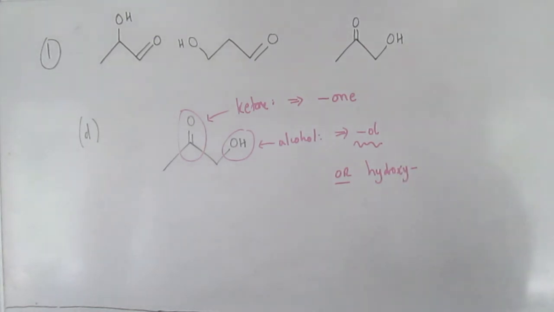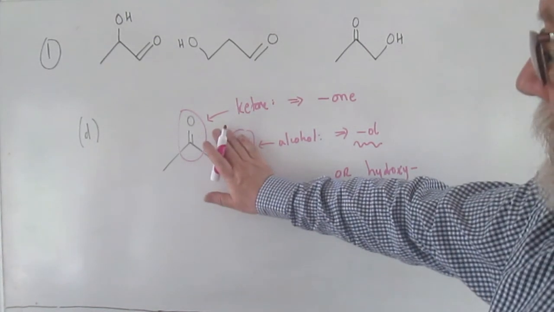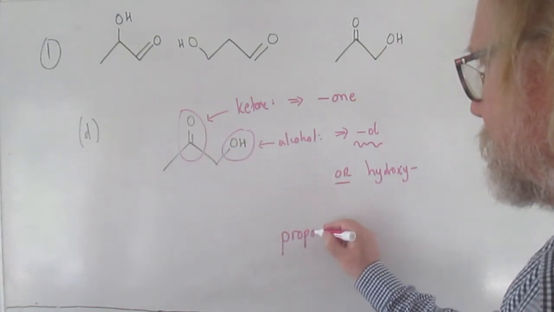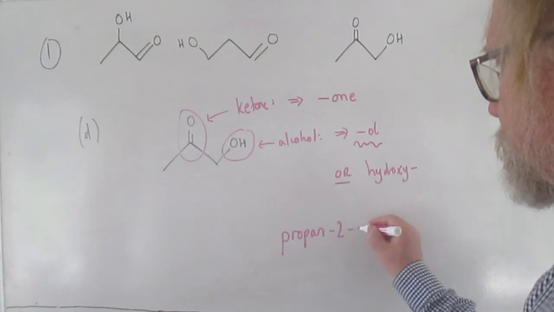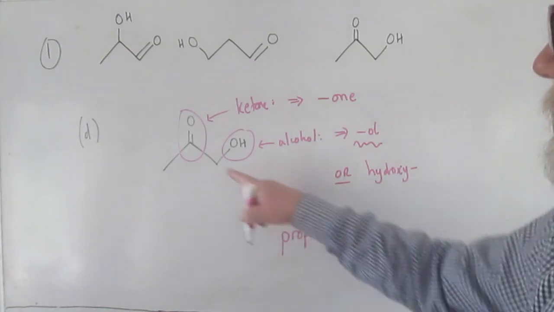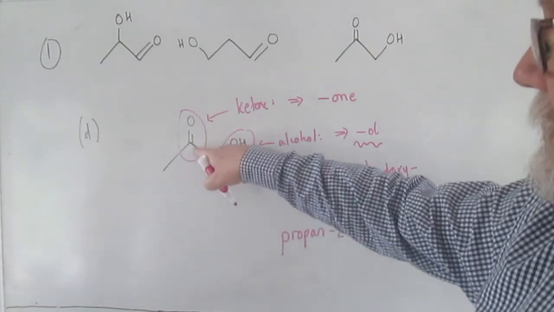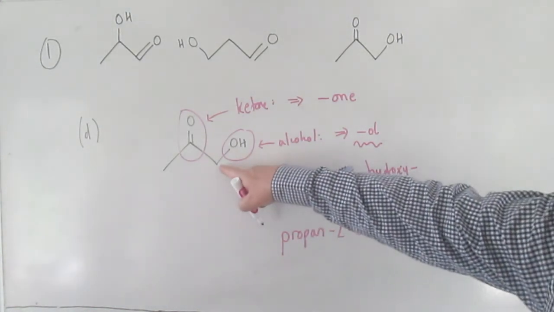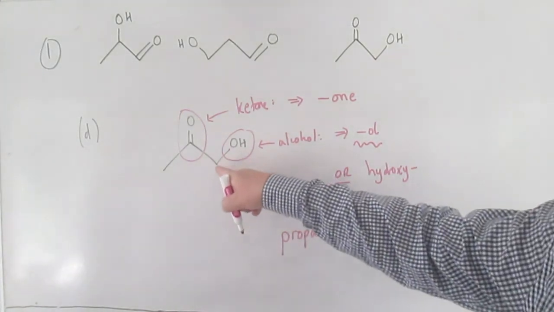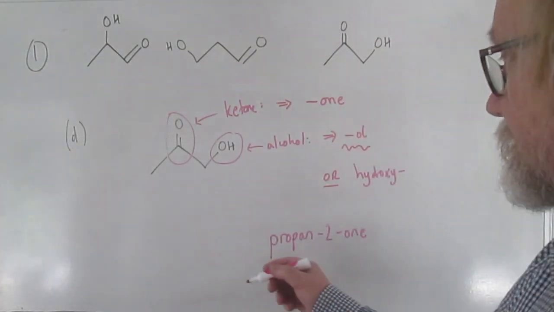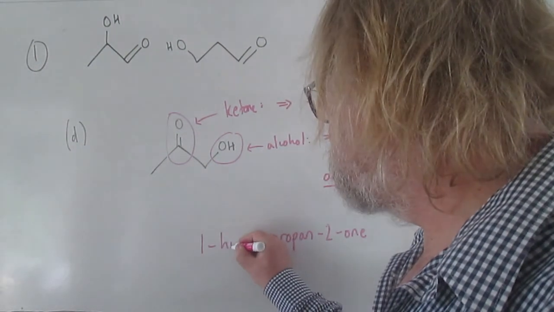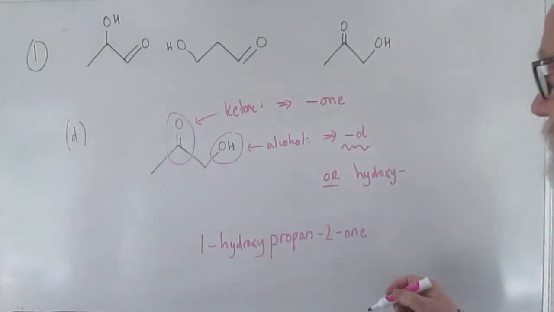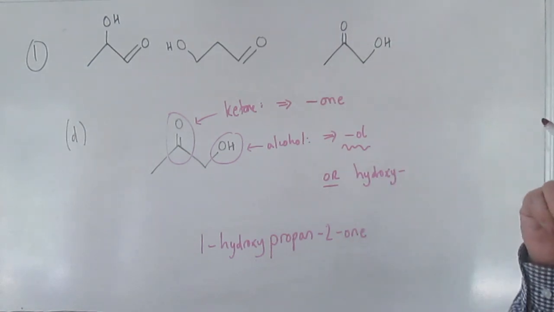So the way you name this is to say, right, if it didn't have the OH and you just had that, that would be propanone, but we need numbers in this case, so it's propan-2-one. We've got 1, 2, 3, so the ketone is on 2. Propan-2-one, and the OH is on carbon 1, so it's just 1-hydroxypropan-2-one. 1-hydroxypropan-2-one describes that structure.